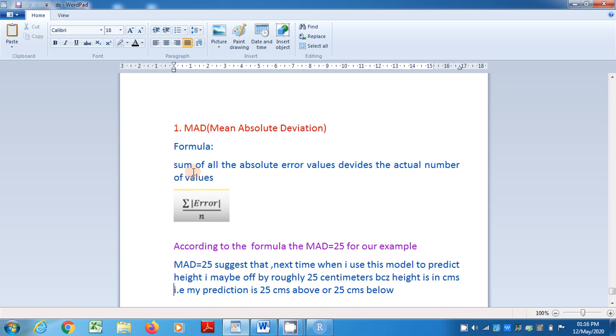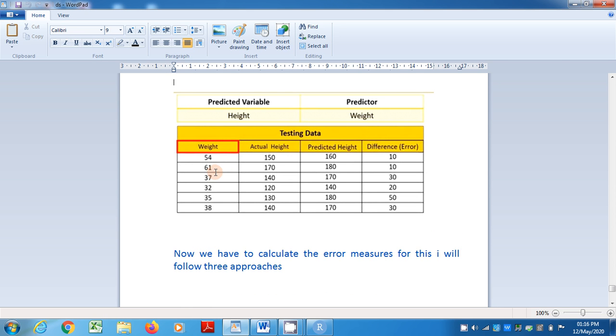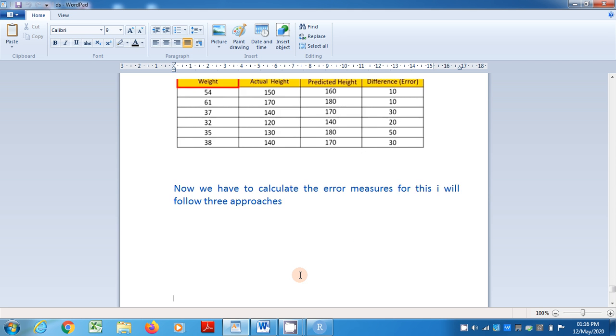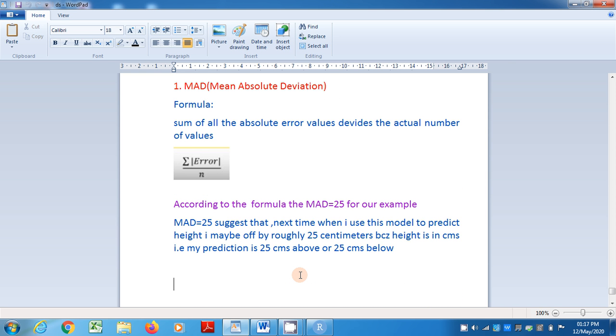According to our example, there are 6 values. So the sum of all these errors divided by 6 gives MAD, the mean absolute error. Based on our example, the MAD value is 25.